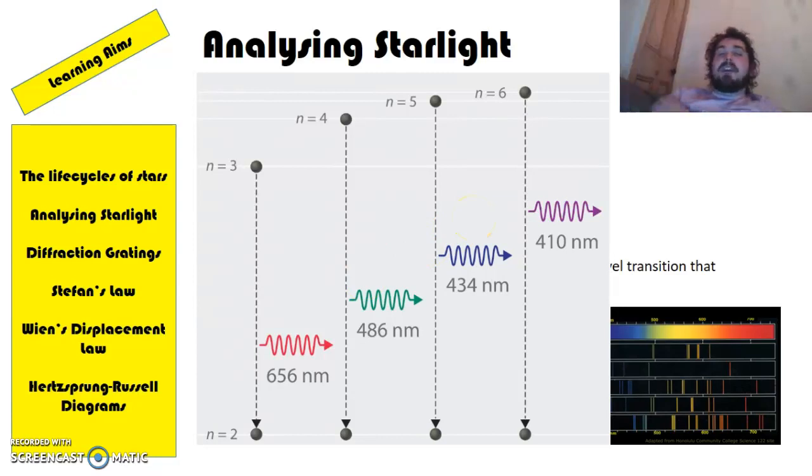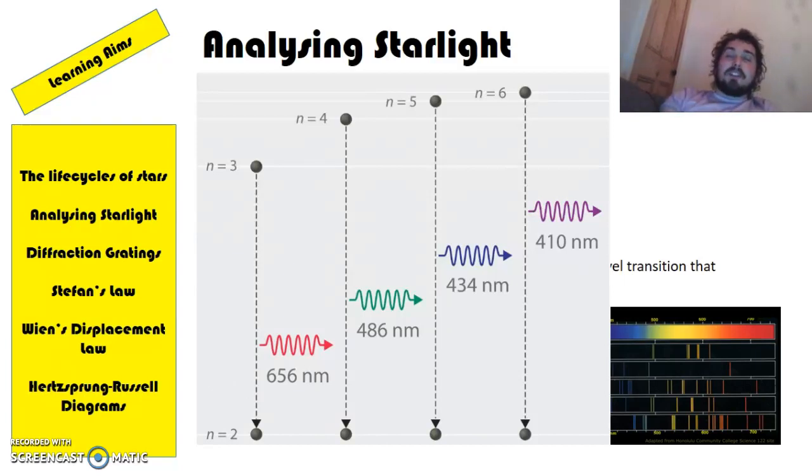So if an exact 410 nanometer wave interacted with this electron in the, well actually it's n equals 2 state, it would lift it up to the n equals 6 state. If a 434 nanometer wave interacted with an electron in the n equals 2 state, it would jump it up to the n equals 5 state. Anything in between those two will just pass straight through.